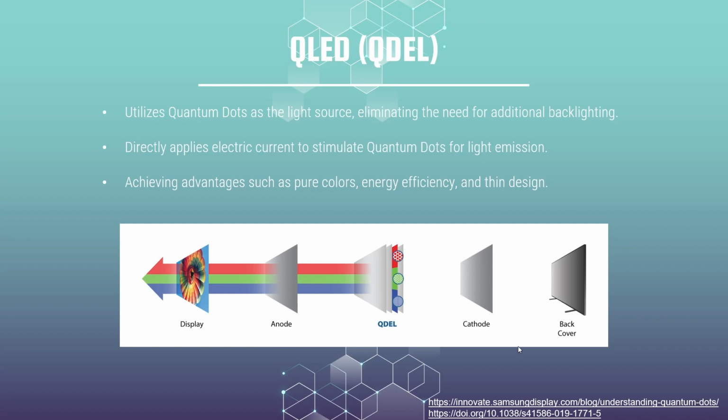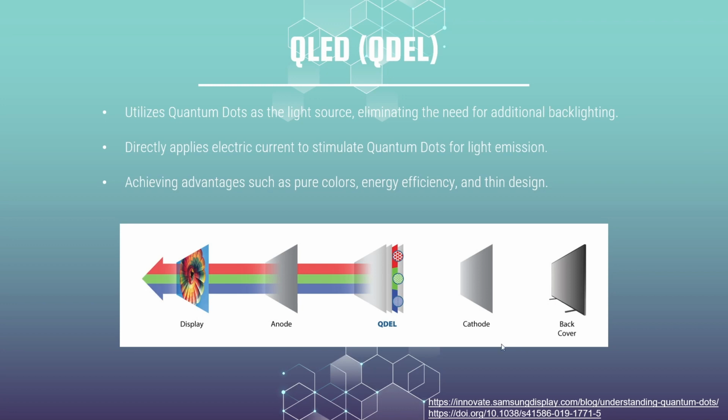And QDEL is an advanced display technology that combines the feature of QLED and electroluminescence. QDEL does not require backlight, but instead directly utilizes an electric current to stimulate quantum dots for luminescence.